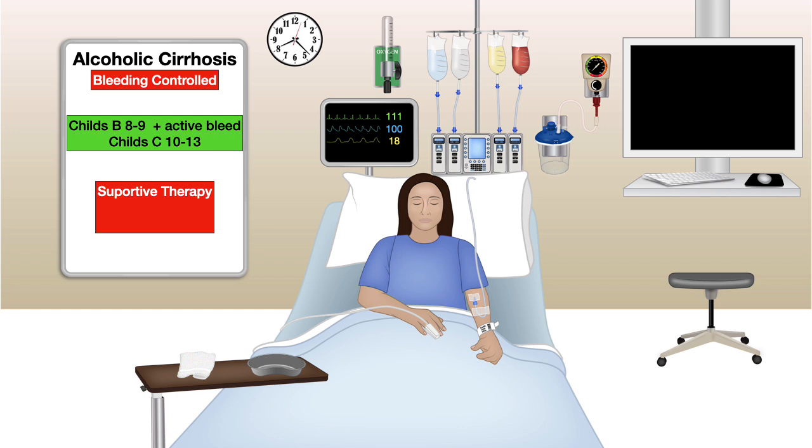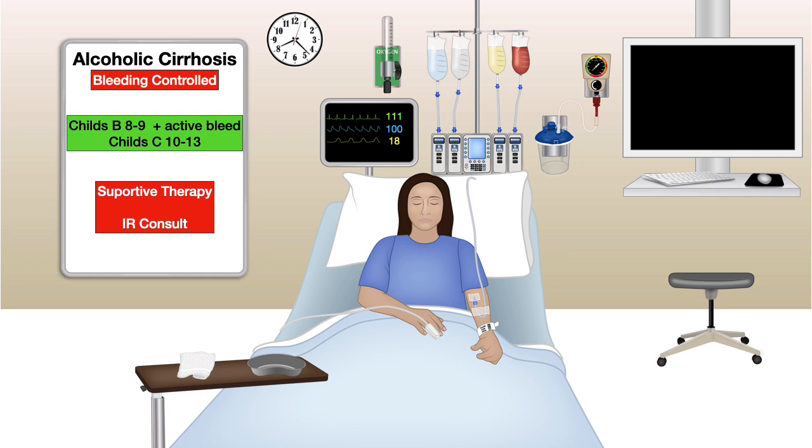But in addition, you also ask your interventional radiologist to evaluate your patient and to see what needs to be done. These patients are likely to do better if you consider a TIPS procedure and reduce the pressure in the portal vein and in the varices.